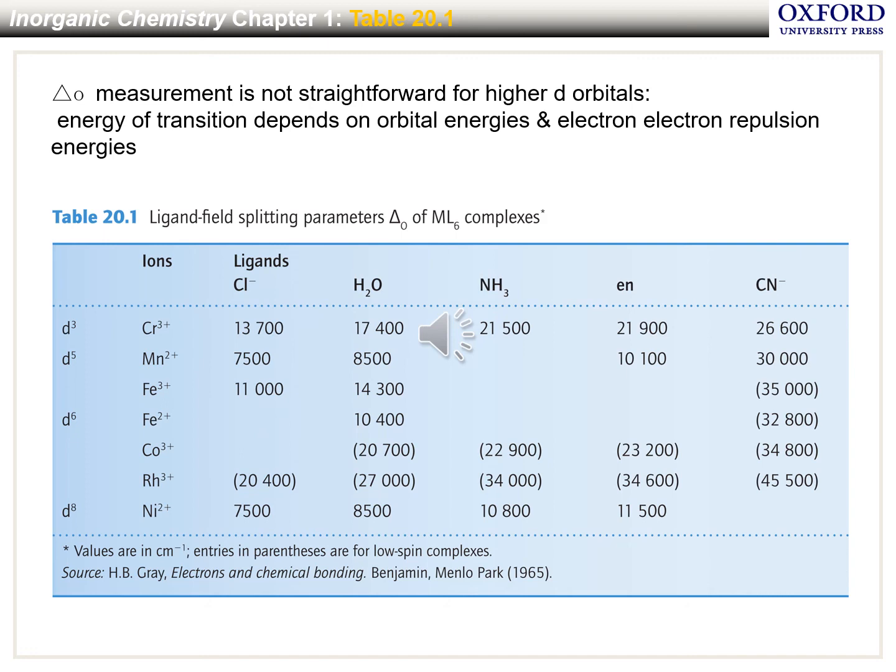And if the ligand is water, you would expect a delta O of 17,400, and ammonia 21,500, and so on and so forth. So this is how you would normally expect delta O for ML6 complexes.